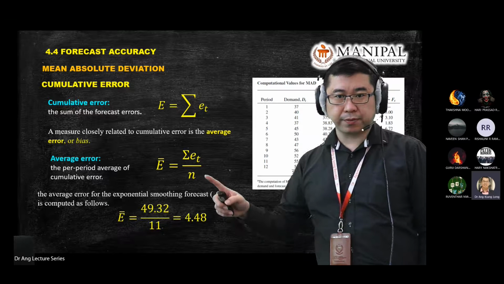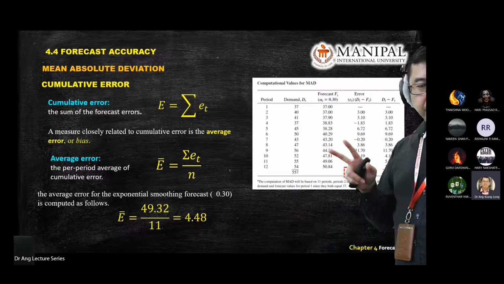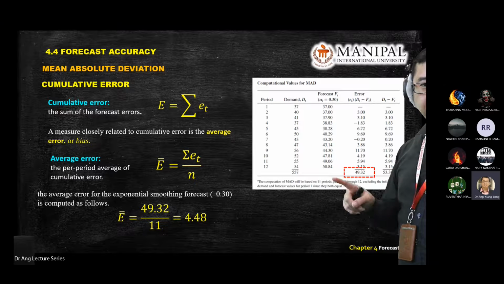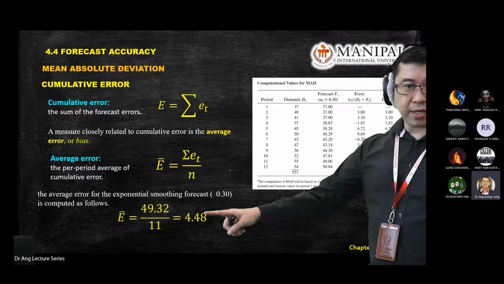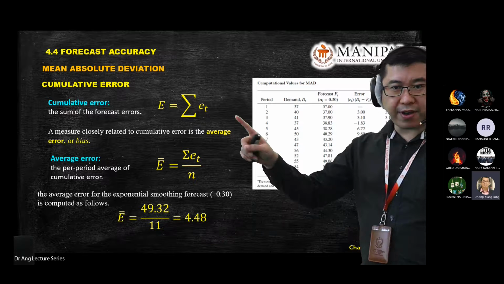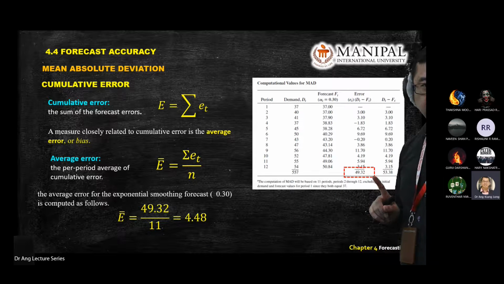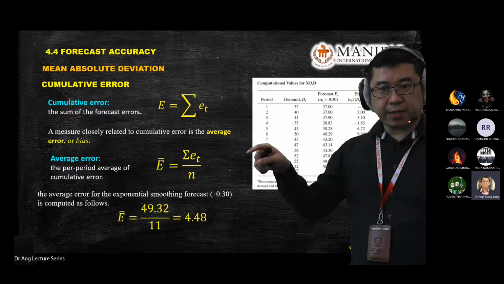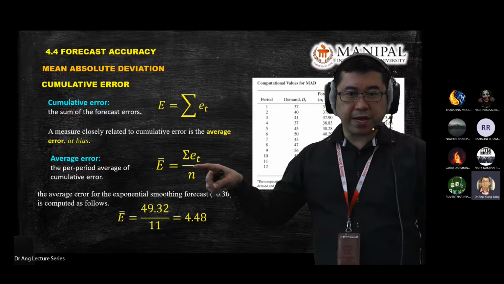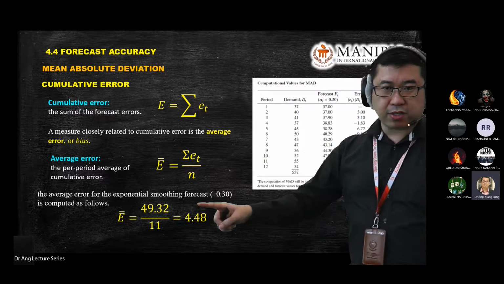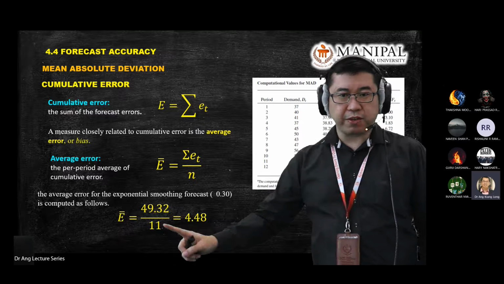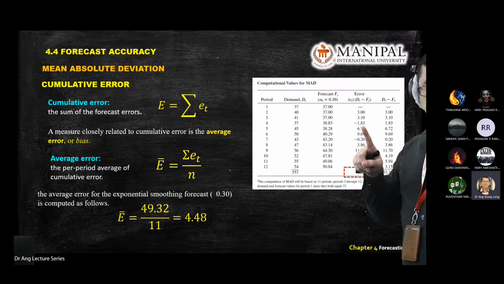So for example, if you use the same table for alpha 0.3, the cumulative error is 49.32, but for the bias or the average error, you take 49.32 divided by the months of your forecast.